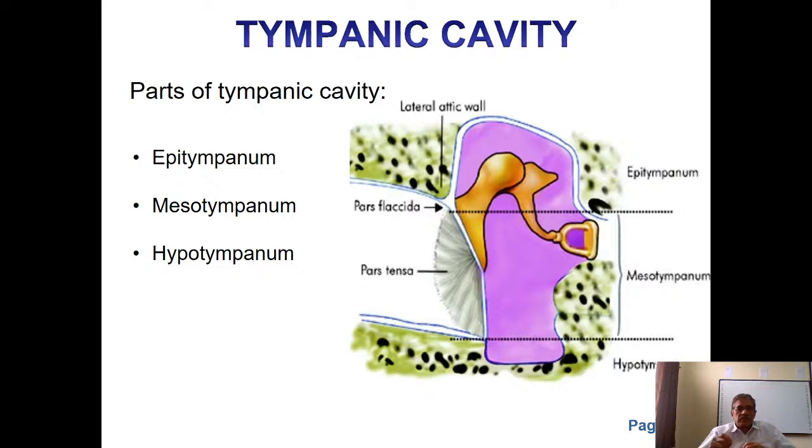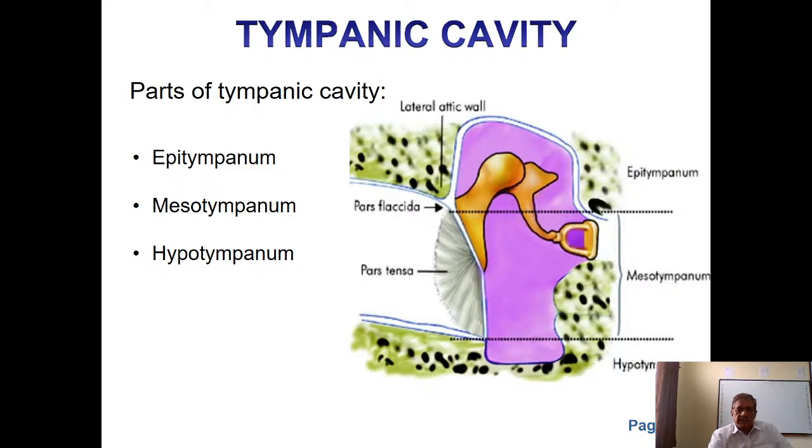So the tympanic cavity is divided into three components: the epitympanum, the mesotympanum, and the hypotympanum.